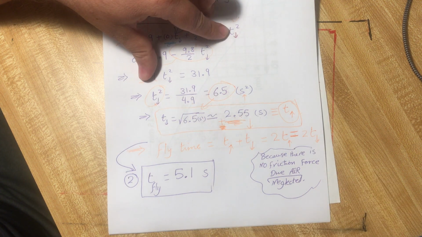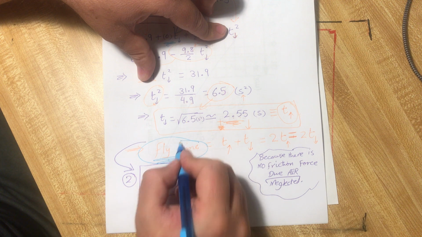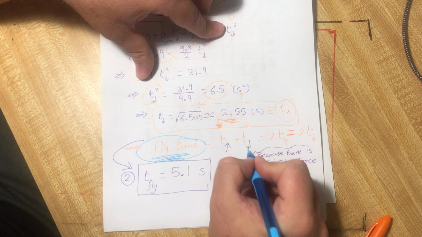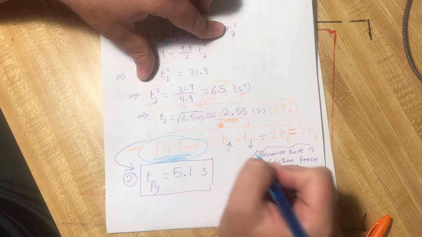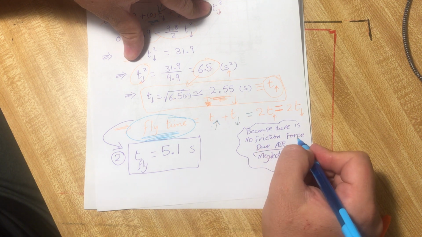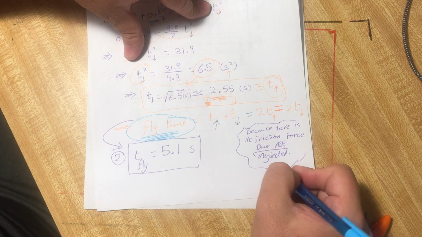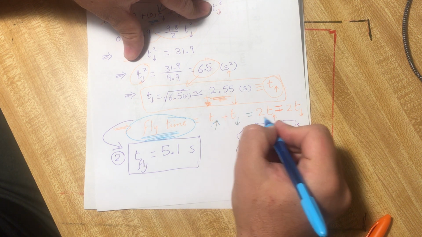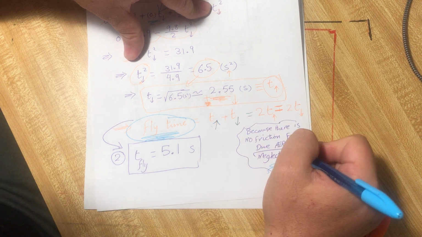In this case, I can calculate the flying time, which is the going up time plus the going down time. Because they are both equal, as there is no friction force due to air, and this friction force is neglected, it is equal to 2 multiplied by t climbing or 2 by t going down.